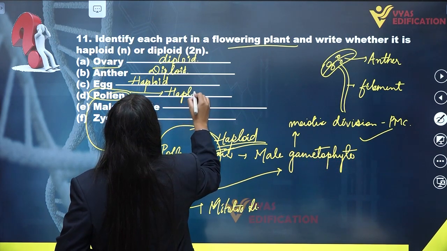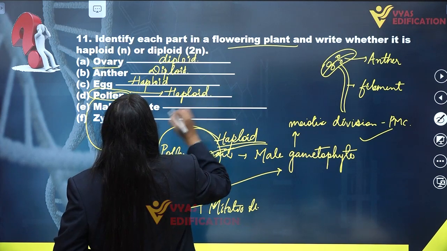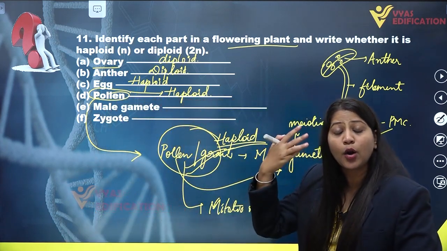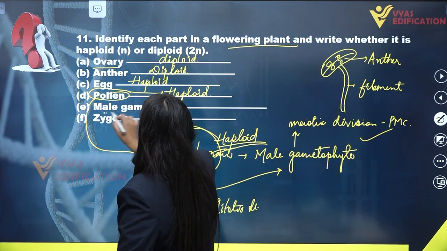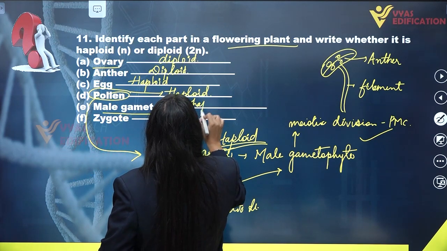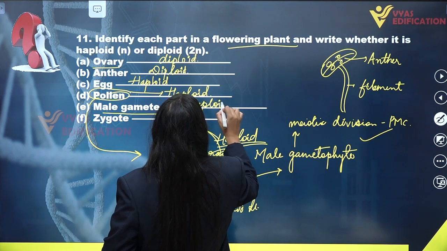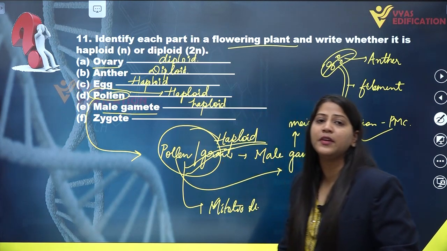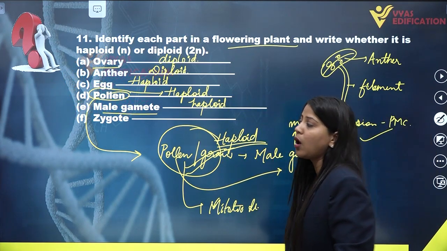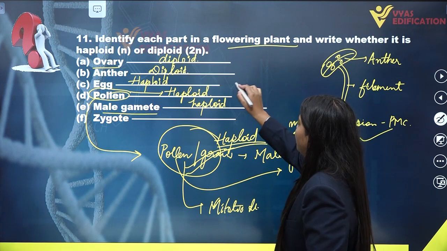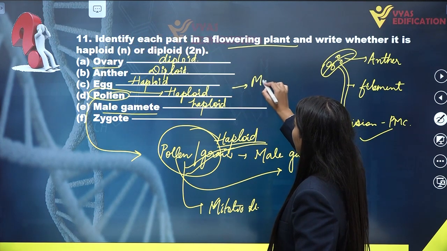Male gametes are always haploid. No doubt, any gamete, either male or female, is always haploid. Pollen grain is a male gametophyte, you have to remember.